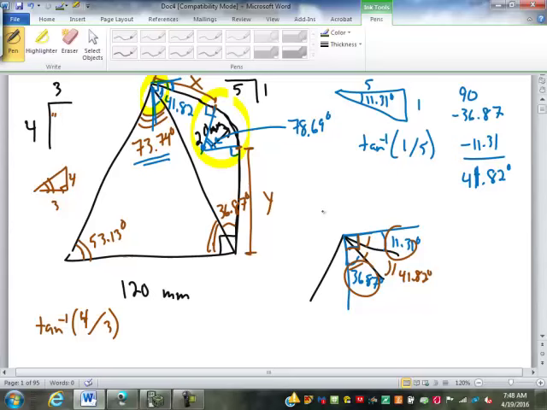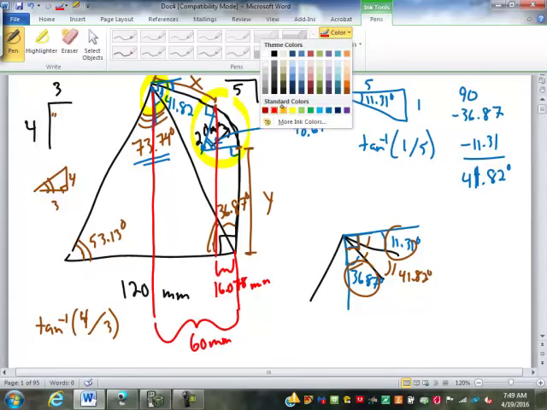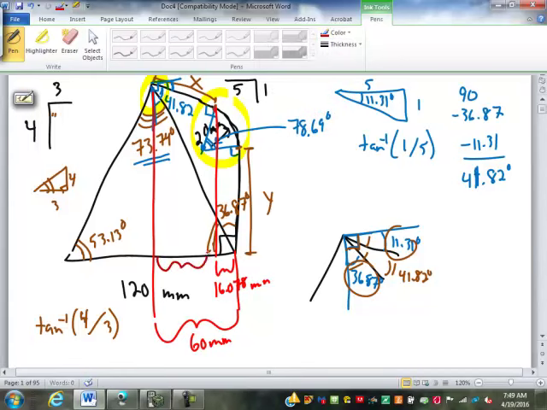So if I drop from this point straight down, this is 16.078 millimeters. If I drop this straight down, that would have been 60, right? Half of the 120, which makes this here 60 minus 16, or 43.922 millimeters. See where that came from?